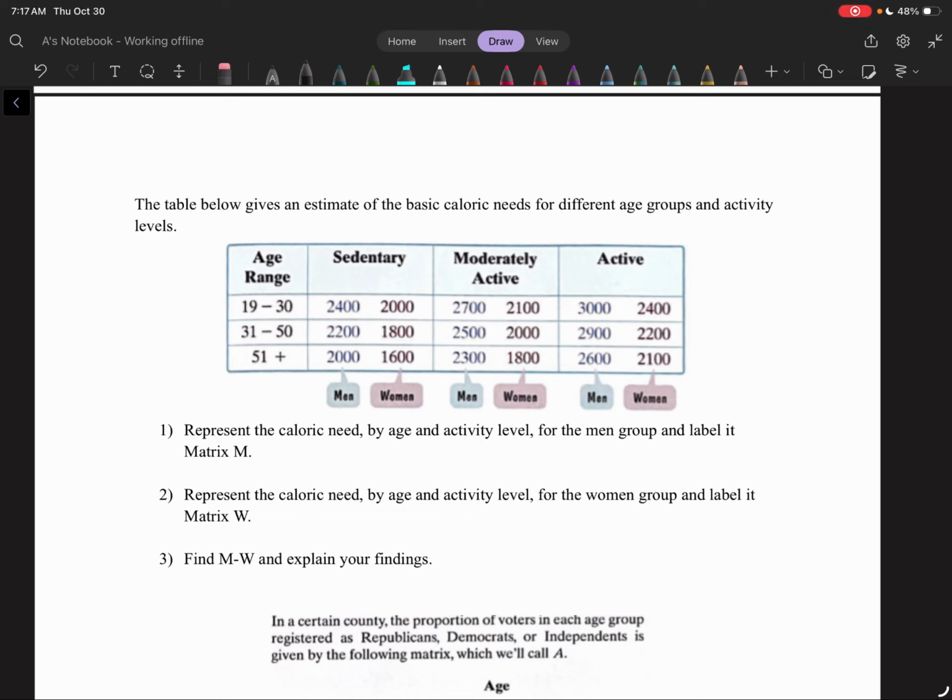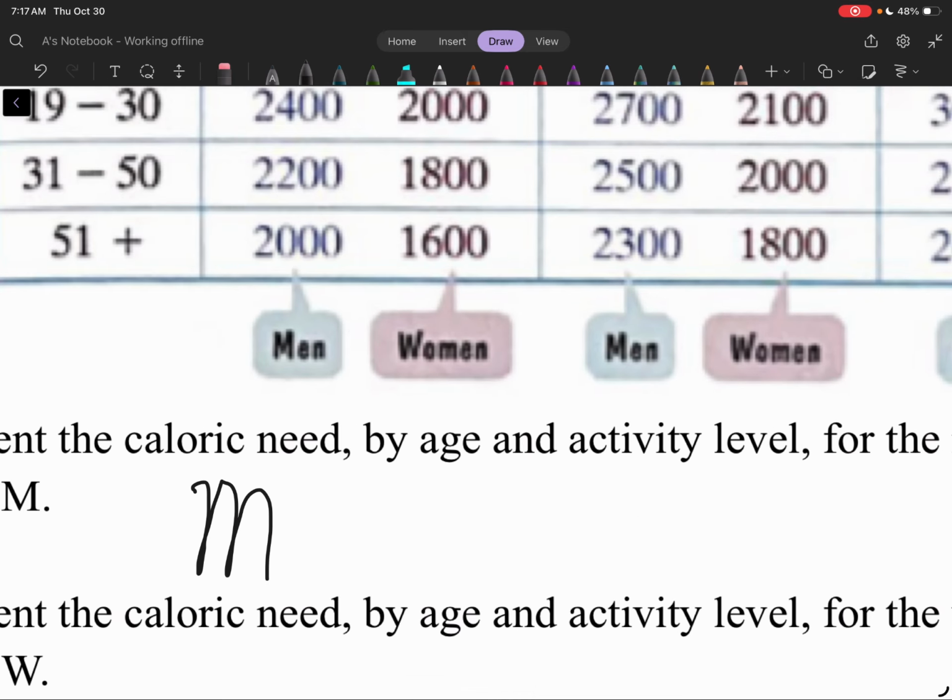Represent the caloric need by age and activity level for the men group and label it matrix M. The only thing this is asking me to do is take my M group, and I'm pulling out 2,400, 2,200, 2,000.